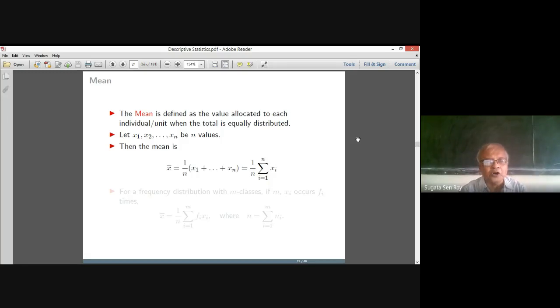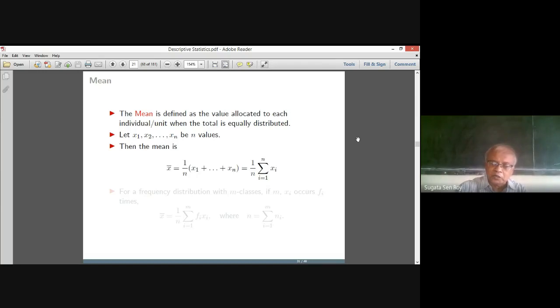So all 10 of you will be getting the same amount of food, although some of you may have brought a little bit more, some of you a little bit less. You pool them up, that is, sum the whole lot. That's the total of all the food that you get, and you divide it equally among yourselves. What you get individually is the mean value. That is what is meant by mean. It's the equally distributed value.